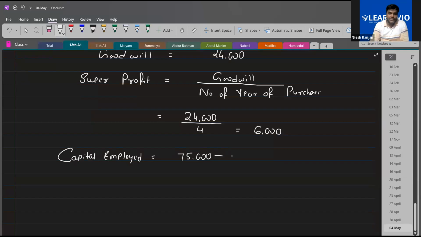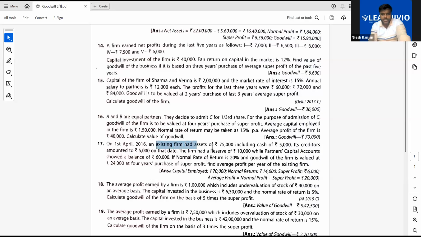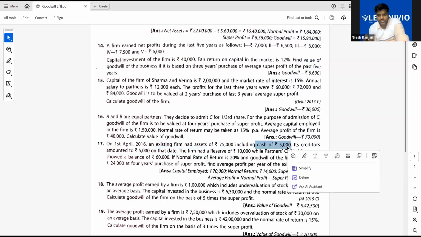We have to deduct the creditors from this only, which is 5,000. Creditor is a liability. So 75 minus 5, we get 70,000. Some students deduct 5,000 of cash and 5,000 of creditors from 75,000 and they get 65. But we don't have to deduct cash. We have to deduct only creditors. So 70,000 is the capital employed.